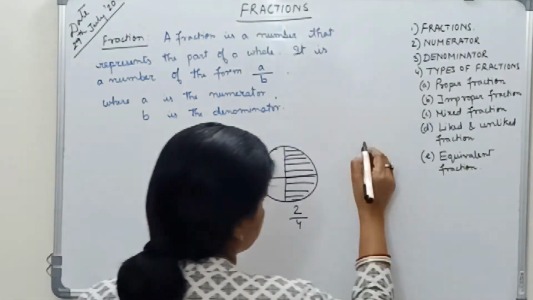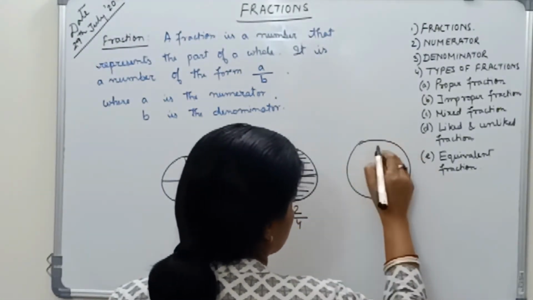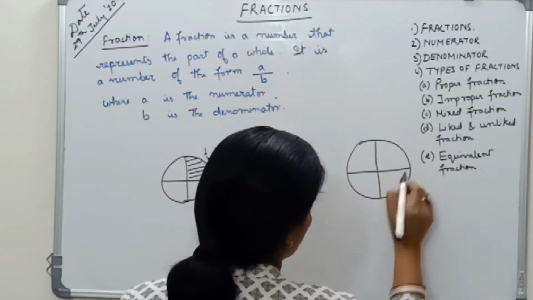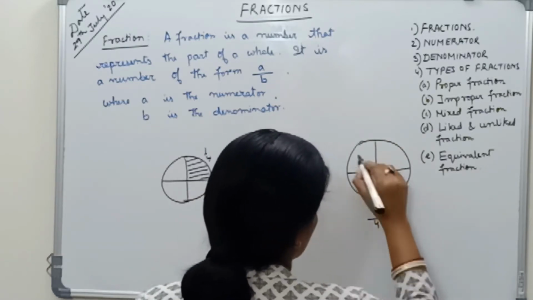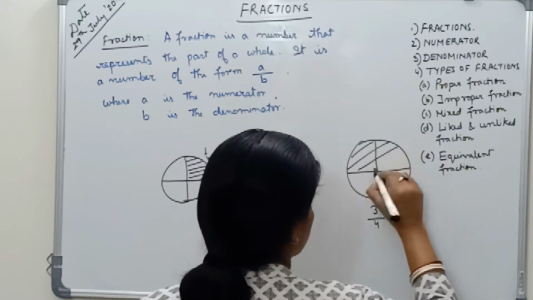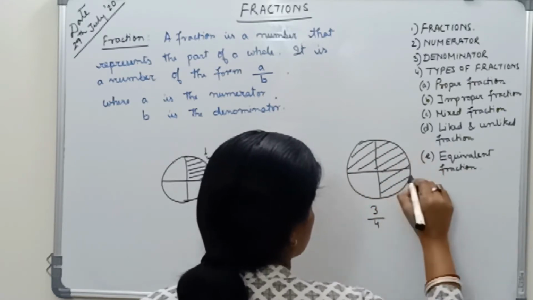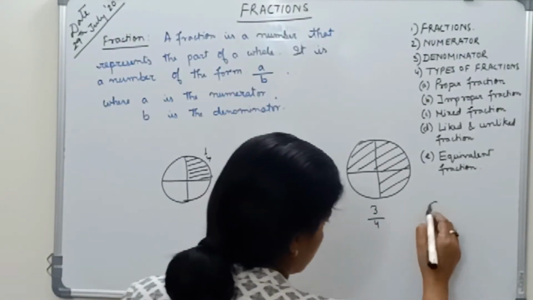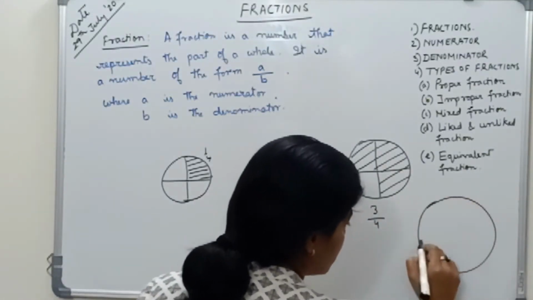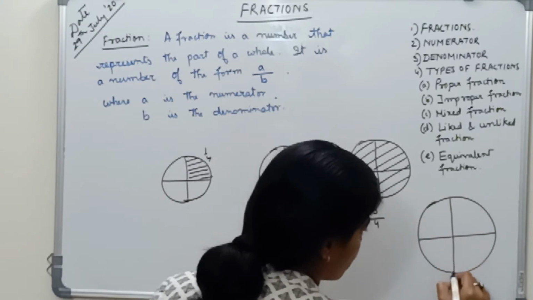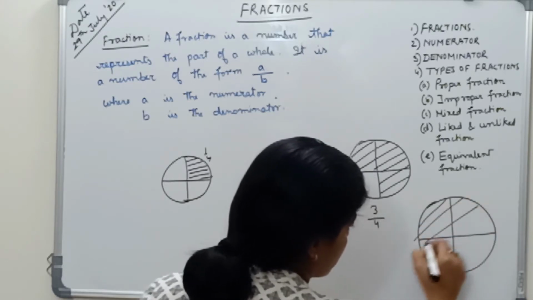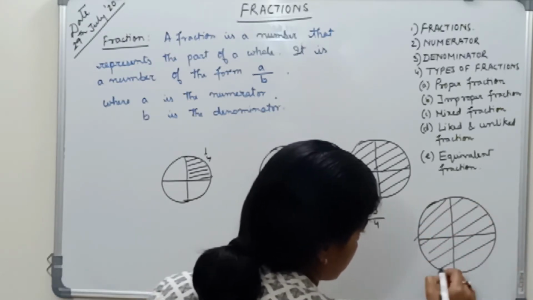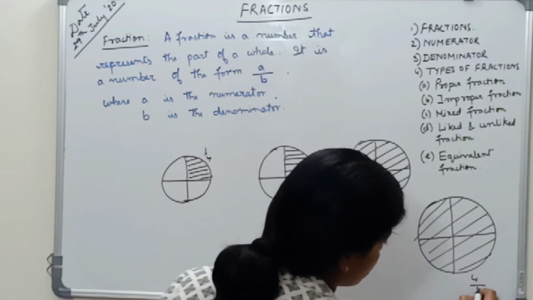And then suppose 3/4. What is that portion? This shaded portion is 3/4. Now if I say the whole, it means 4 out of 4. This is 4 out of 4.